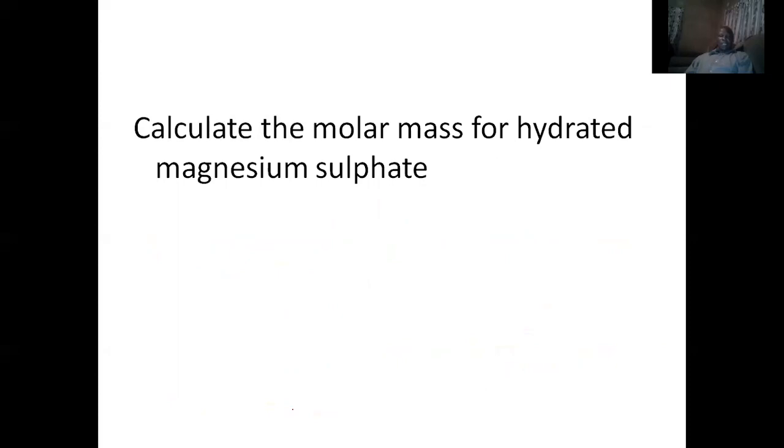Now we'll look at how we can calculate the molar mass for the same substance or the same compound. So we have our hydrated magnesium sulfate, which is 7, and then we have water there.